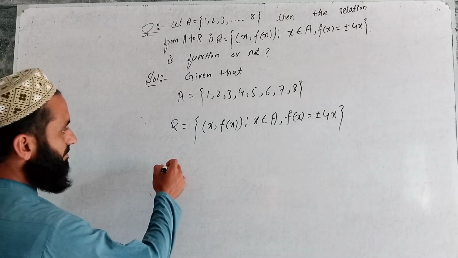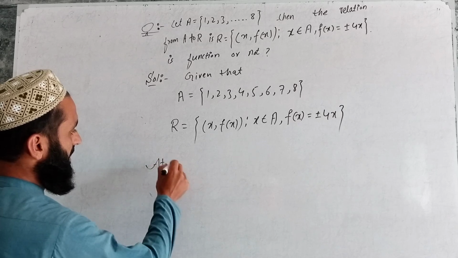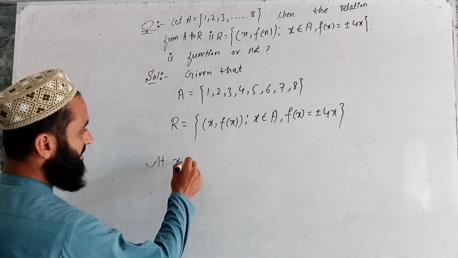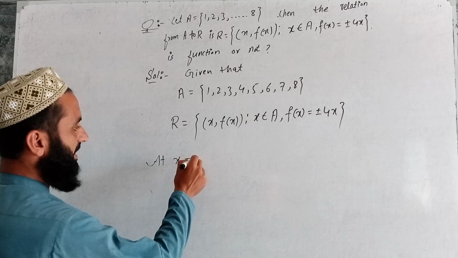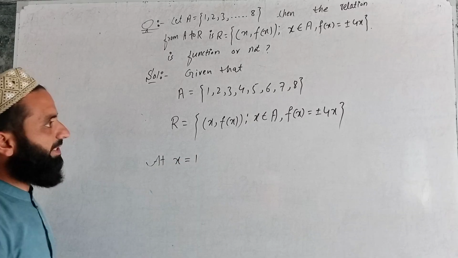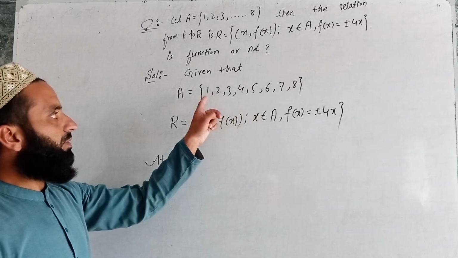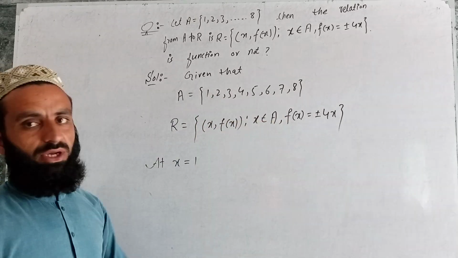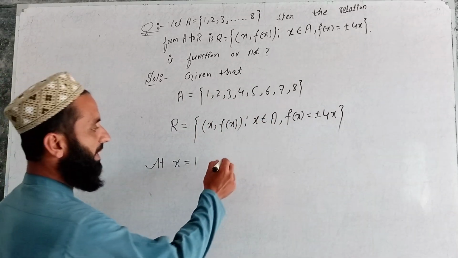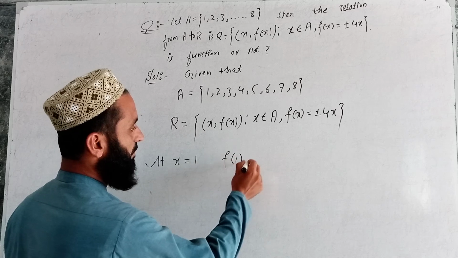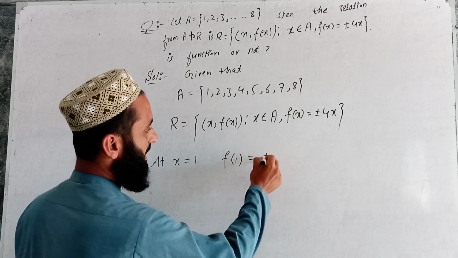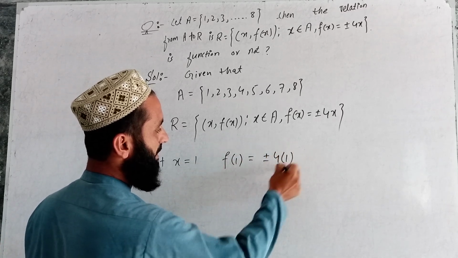Now at x equal to 1, where x belongs to A equal to 1, 2 up to 8. At x is equal to 1, f(1) equal to plus minus 4 multiplied by 1.